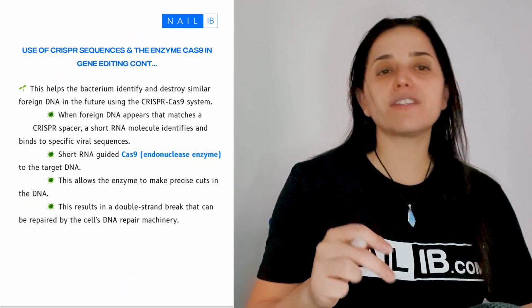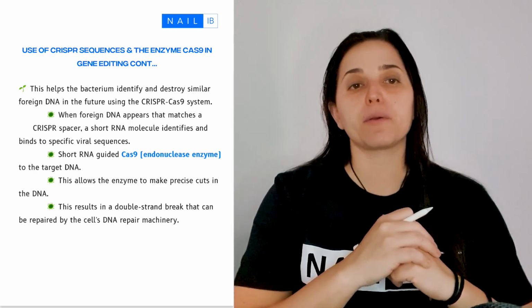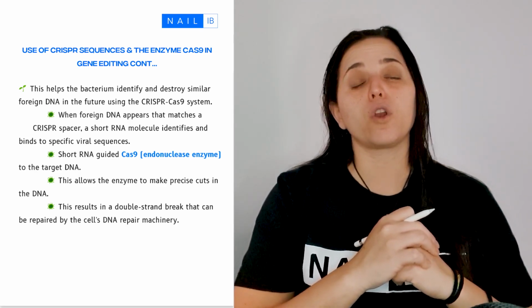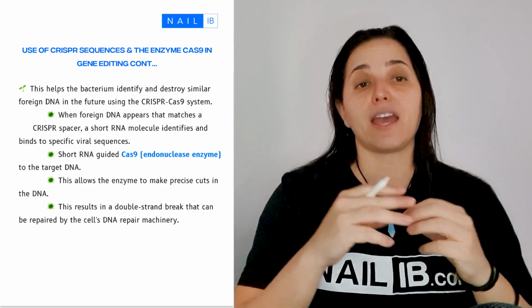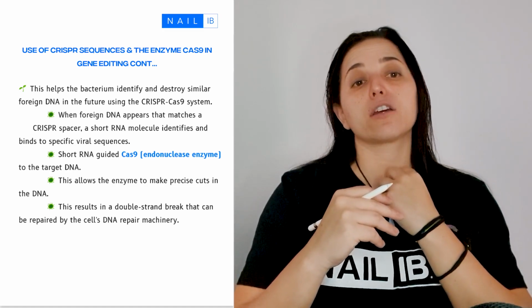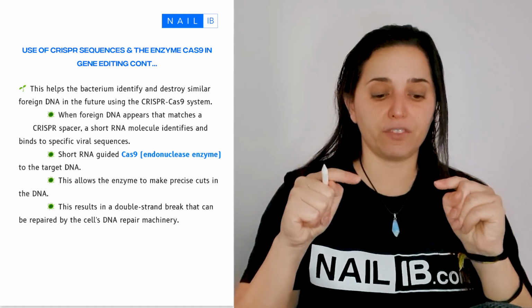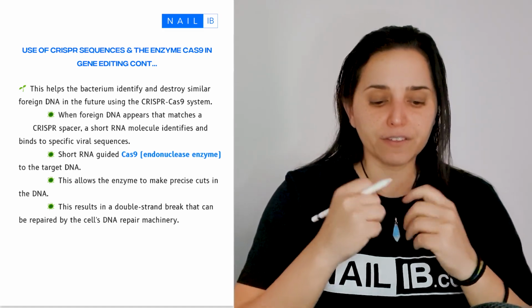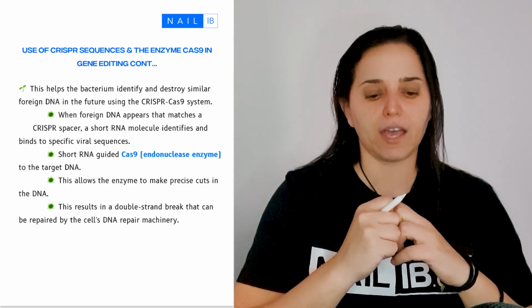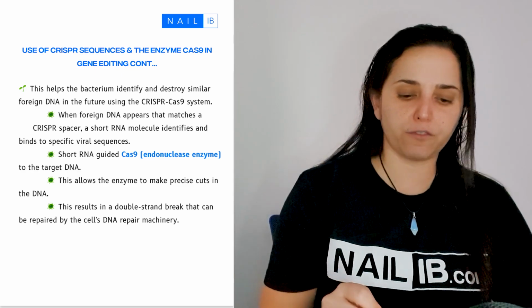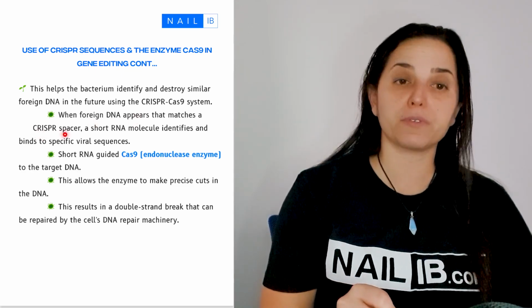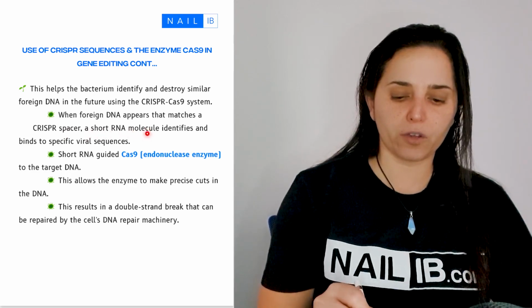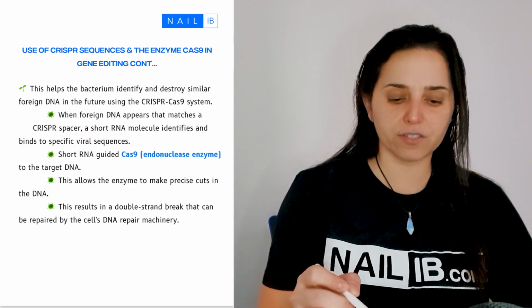So every time a new virus is coming with its DNA, the bacteria will look at the sequence of that virus DNA, and then try to see if it matches any of the spacers they have. And if it does match, then obviously they know exactly how to attack. So like here, the foreign DNA appears and matches the CRISPR spacer, and the short RNA molecule identifies and binds to a specific virus sequence.